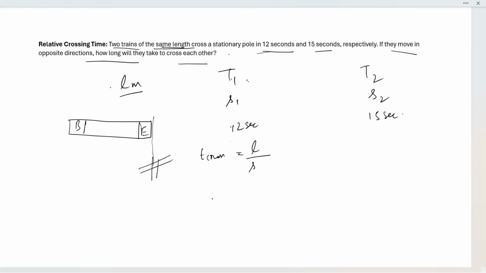So in this case, 12 equals L by S1, and in this case, 15 equals L by S2. So S1 comes out to be L by 12, and S2 comes out to be L by 15.